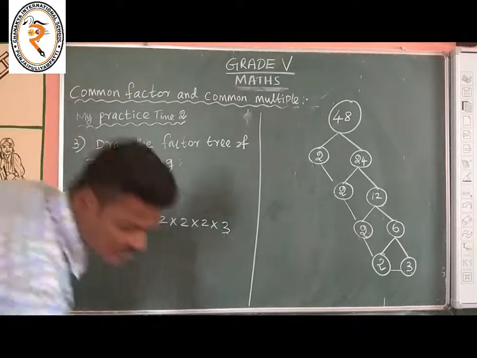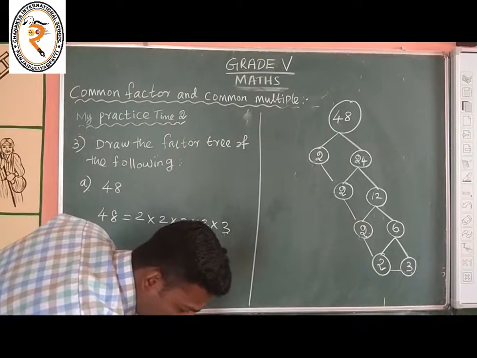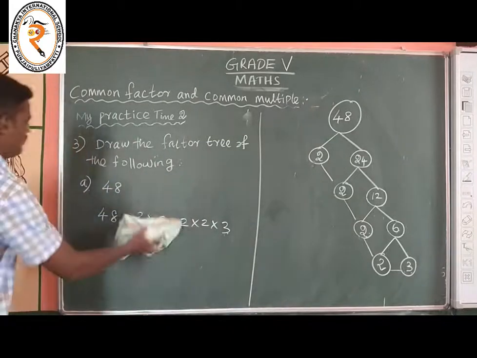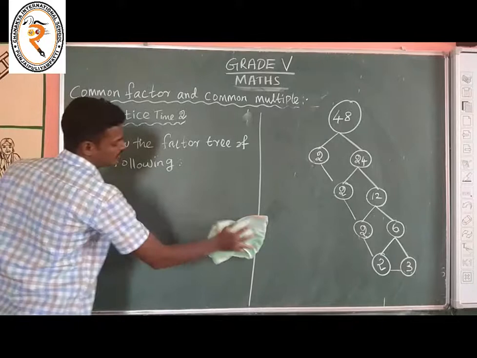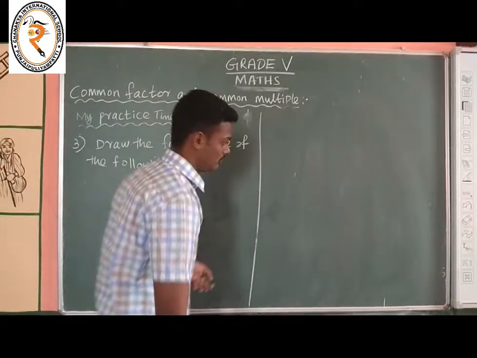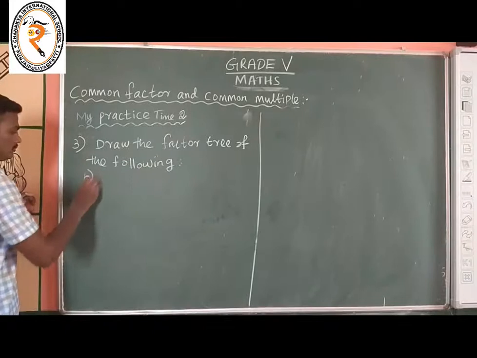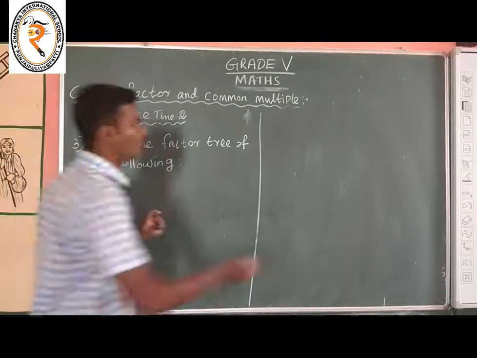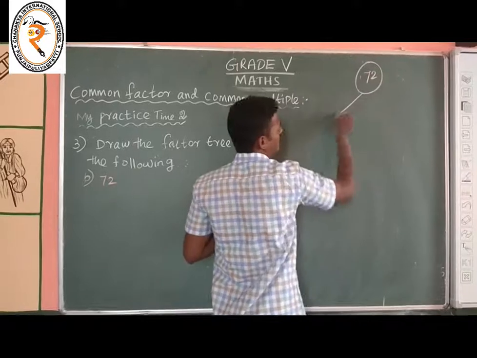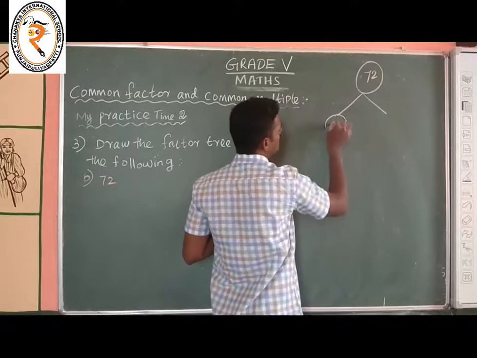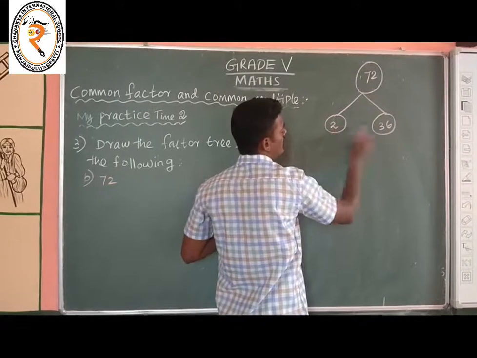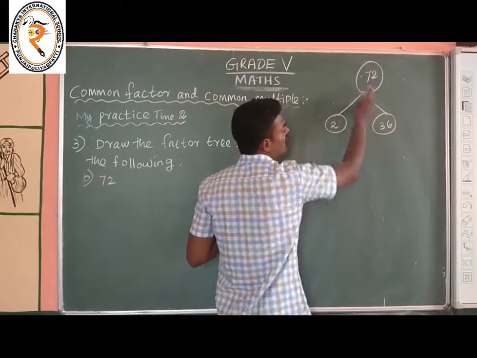Next sum, 72. 72 in the tree method. Question number B, 72. 72 in the second table, 2 36s are 72.